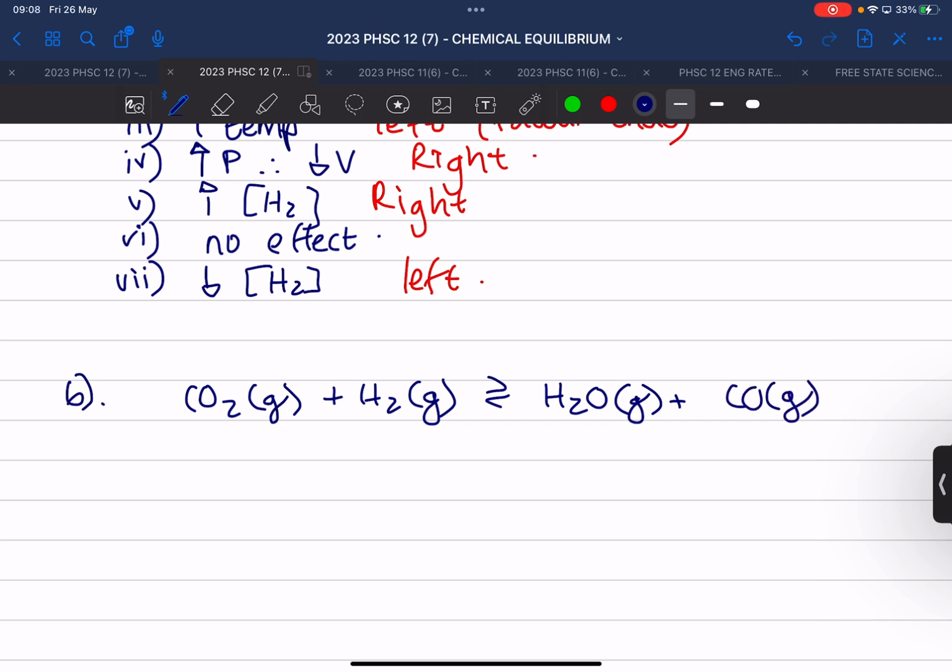I want to know, give me 2 things, so this is 6b. Give me 2 things that will not change the equilibrium position in this question.